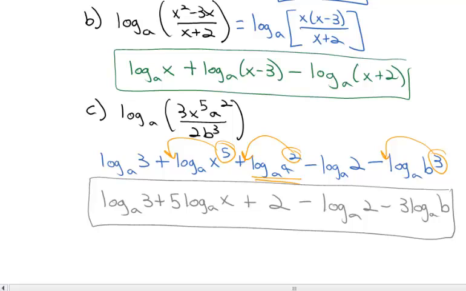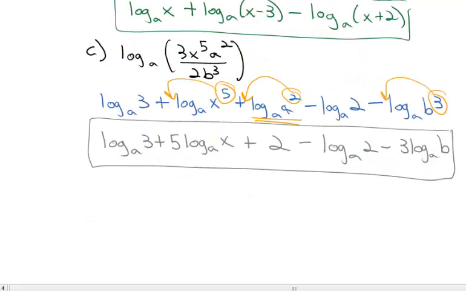Now, a common question that comes out of this is why on earth would we want to be interested in expanding logs and contracting logs? What is the advantage? Well, back in the day, probably before most of you were born, we didn't have these fancy calculators that can do all this work for us. And so what we had is we had log tables. And in a log table, you would look up a given base and you would find what all the logs were equal to of the prime numbers.